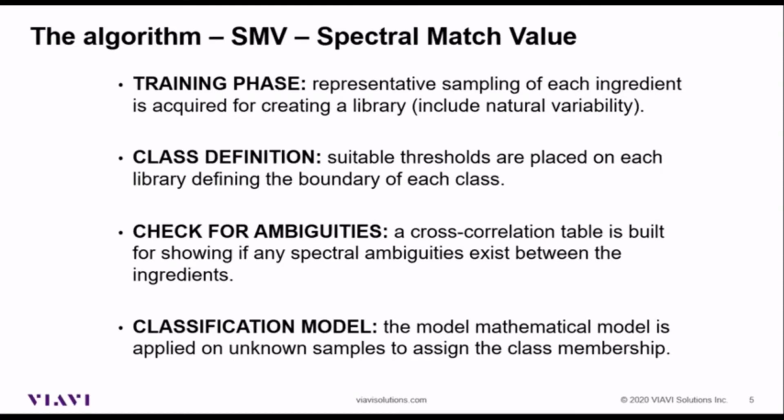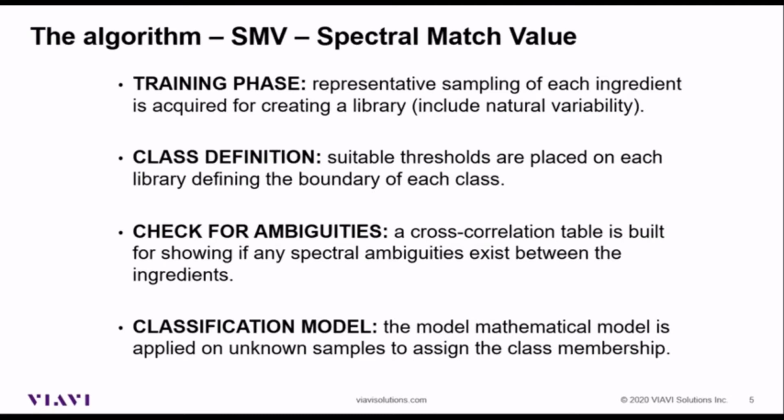The first one is the training phase. We have to teach our device how the spectral signature of each of the ingredients that we want to characterize looks. Once we have created this group of spectra that we call library, we have the step of class definition.